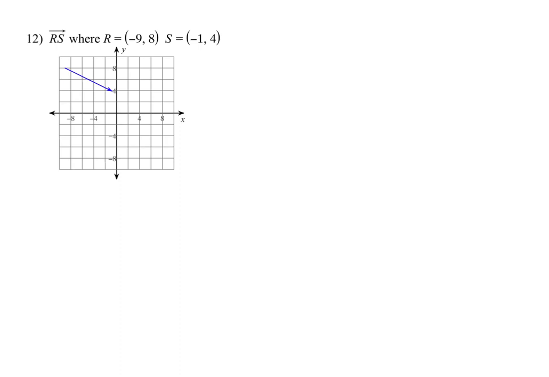This second set of problems is identical to what we just did. Component form, you're going to subtract these 2. So you're going to say -1 minus a -9 to give you a +8. And then 4 minus 8 to give you a -4. So we're at +x, -y.